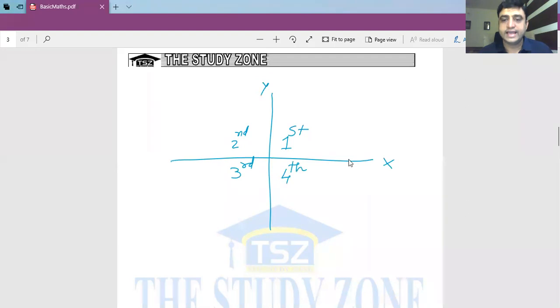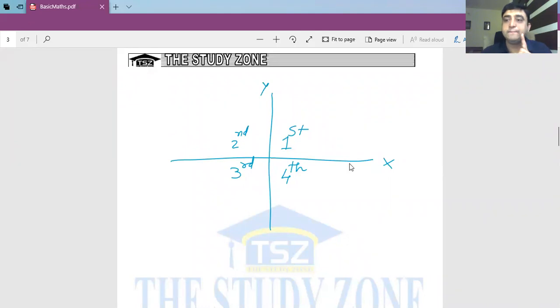In the first quadrant, x is positive, y is positive, natural. In the second quadrant, x is negative, y is positive. In the third quadrant, both are negative, while in the fourth quadrant, x is positive, but y is negative.